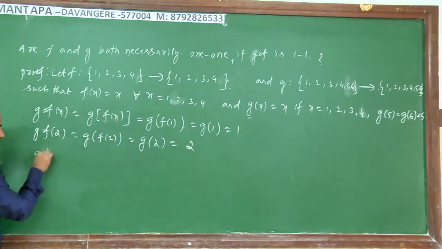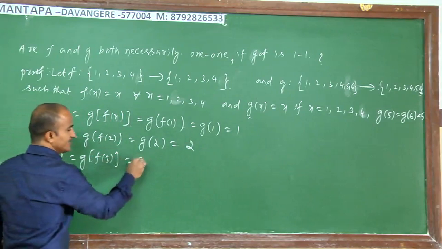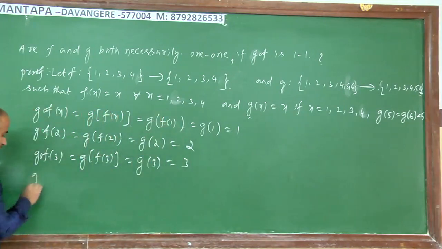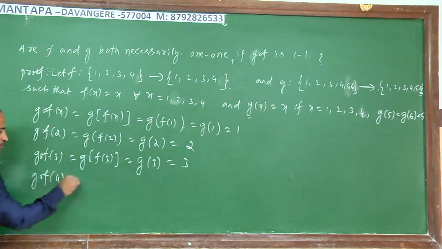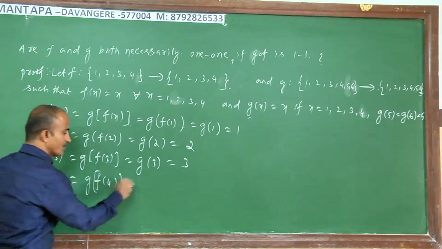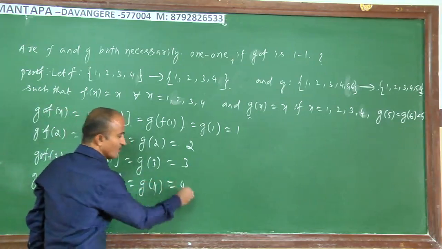And g of f of 3 is g of 3, where g of 3 is 3. And g∘f of 4 is g of f of 4, where f of 4 is 4, and g of 4 is 4.